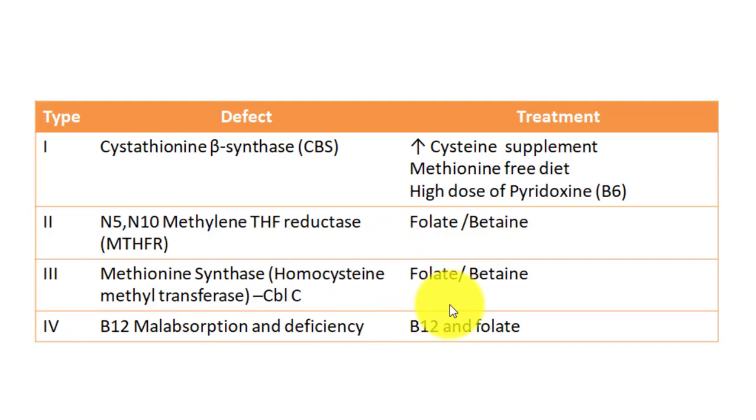Here cobalamin C is the problem, and betaine is very important. You supplement this patient with betaine, and you also give vitamin B12, and folate. Folate is a water soluble vitamin and will not be toxic, so you can give a bit more. So folate, vitamin B12 and betaine are the treatment here.